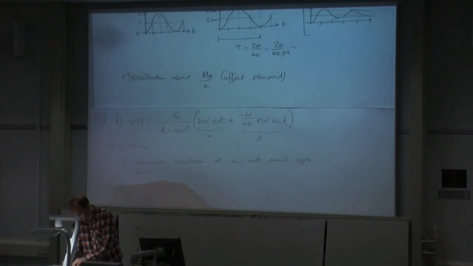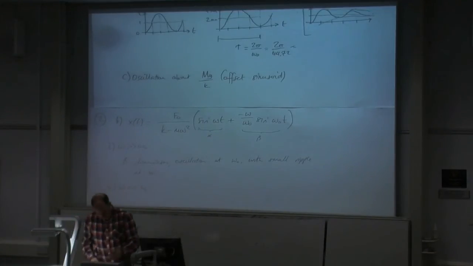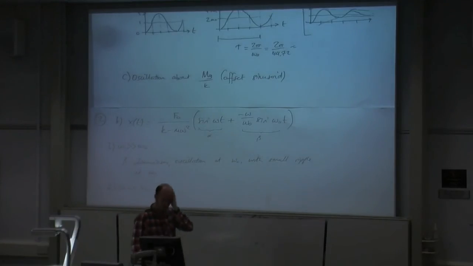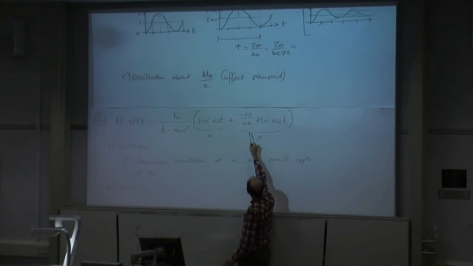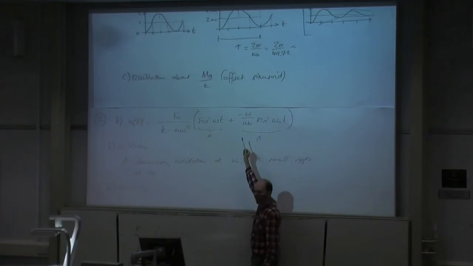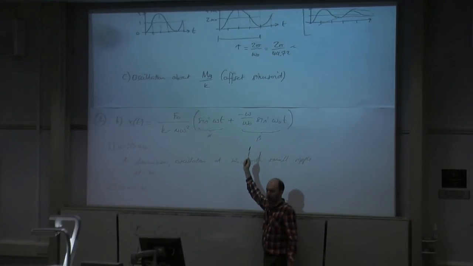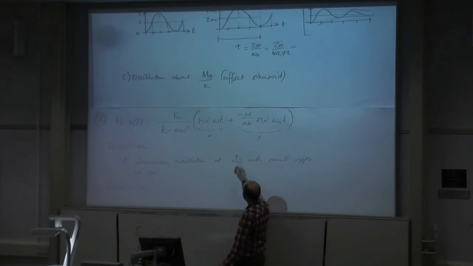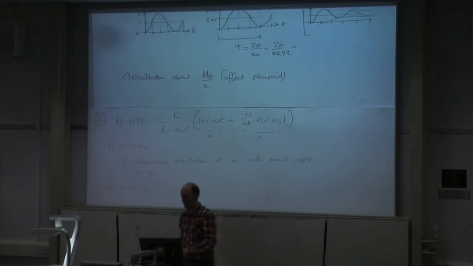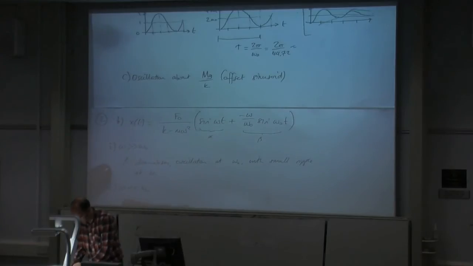Part II, when omega is much, much smaller than omega naught. Which term dominates now? If omega is much, much smaller than omega naught, what does that fraction turn into? It turns into something very small, doesn't it? Something very small over 1. So which term dominates? That one. Alpha dominates.